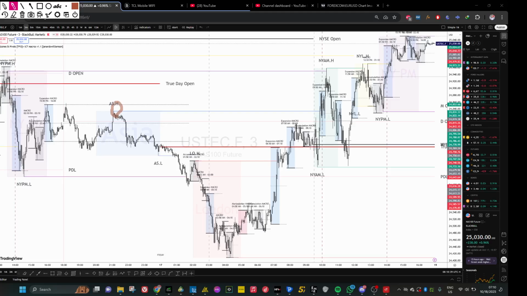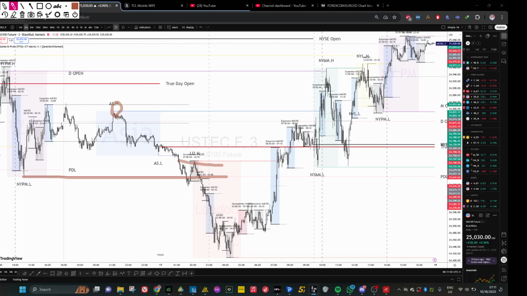This would have been right around 9 p.m. Sold all the way off. You could have targeted the previous day low, and it would have been the New York low as well. Came back up, didn't get much of a bounce, traded back into a level right there.